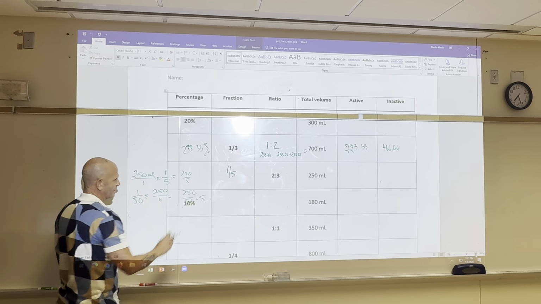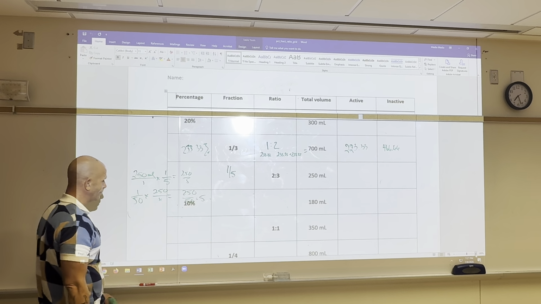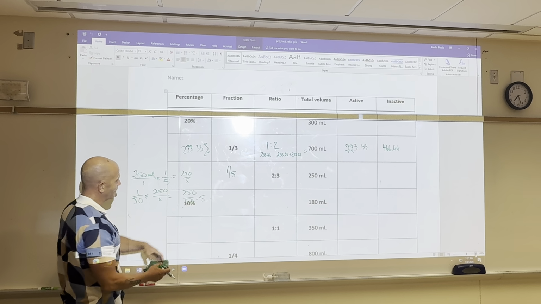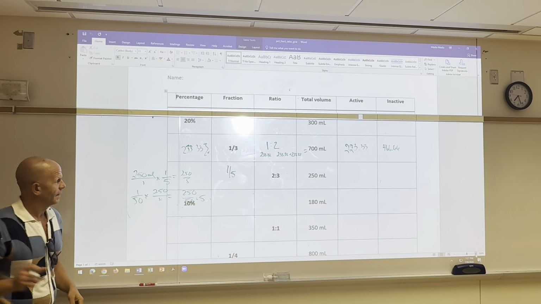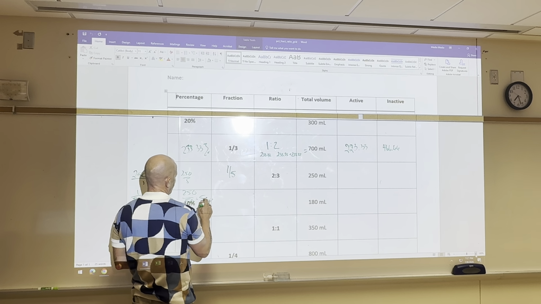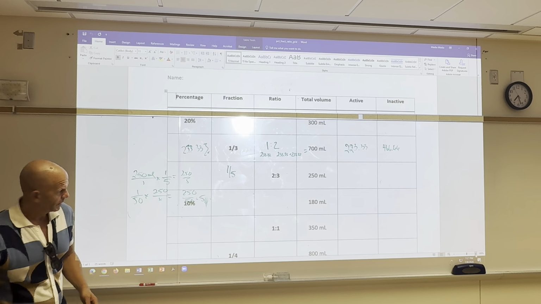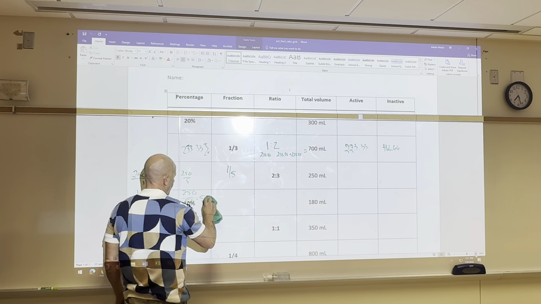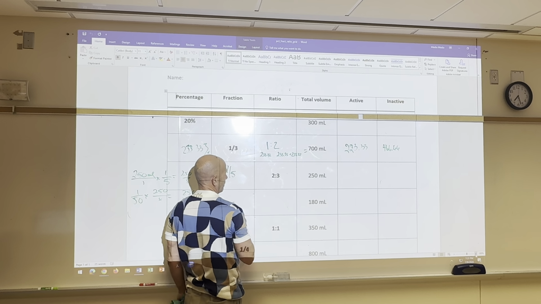Now what are we going to do with this 5? Well, we know that's 5 parts, like I just told you. 2 plus 3 is 5. Okay? So, if we know this is 2 and 3, how many 50s are going to go here?